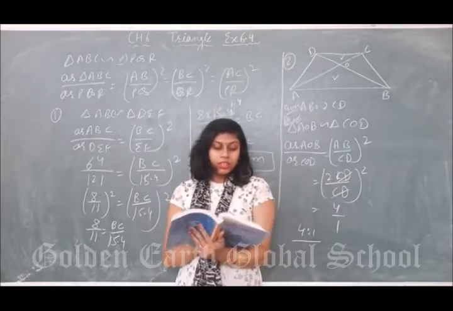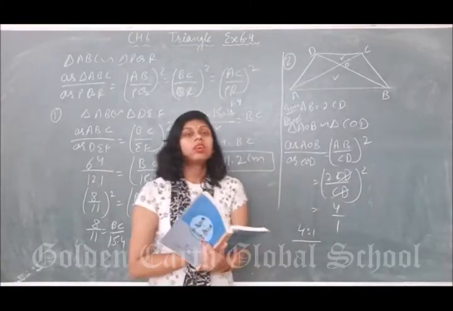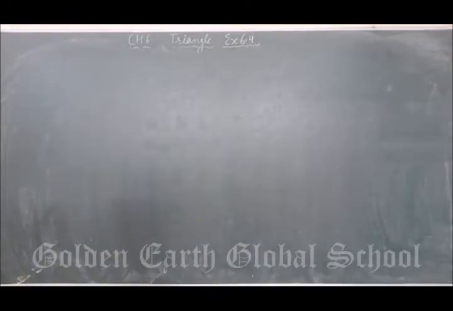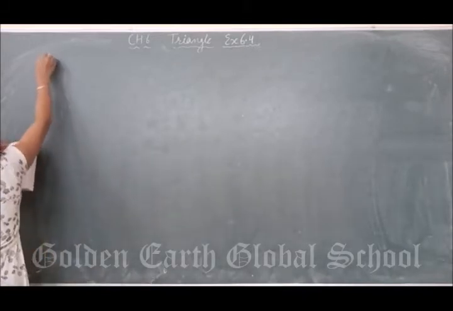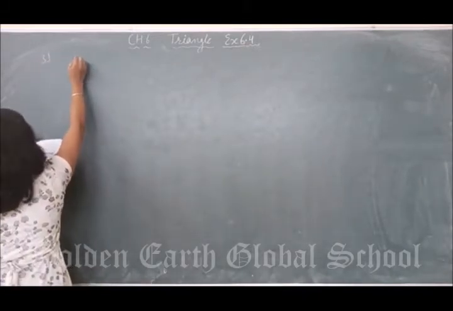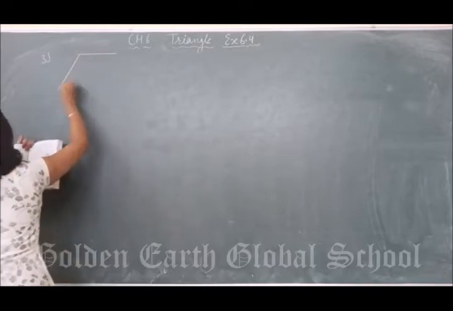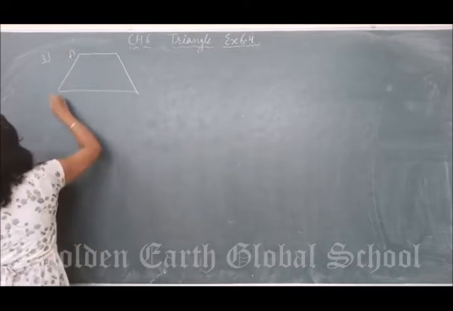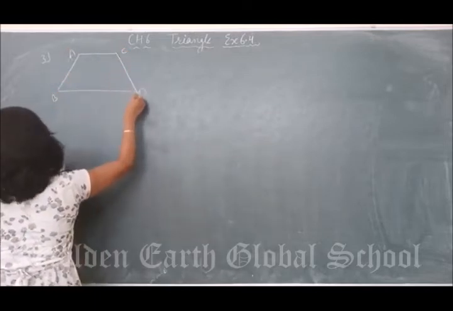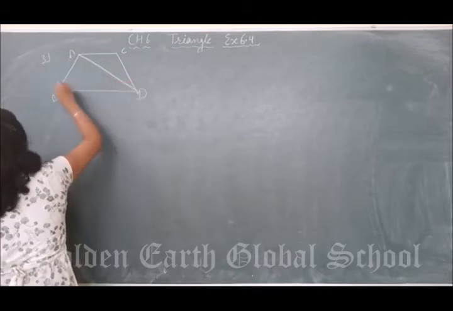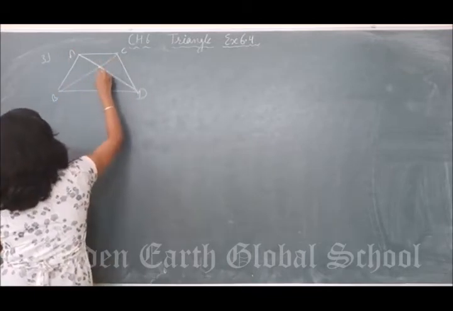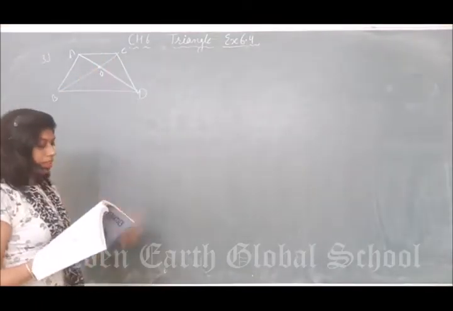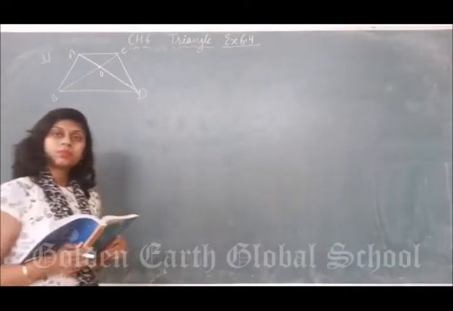Next, question number 3. A figure is given. Draw the figure in your notebooks. A, B, C, D. AD and BC intersect at point O. These are the triangles ABC and DBC, two triangles on the same base BC.